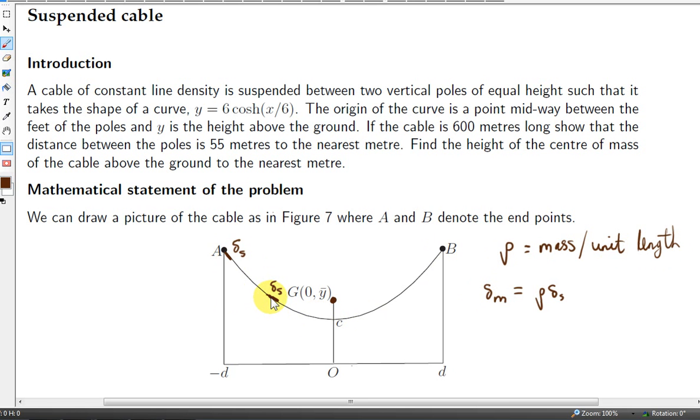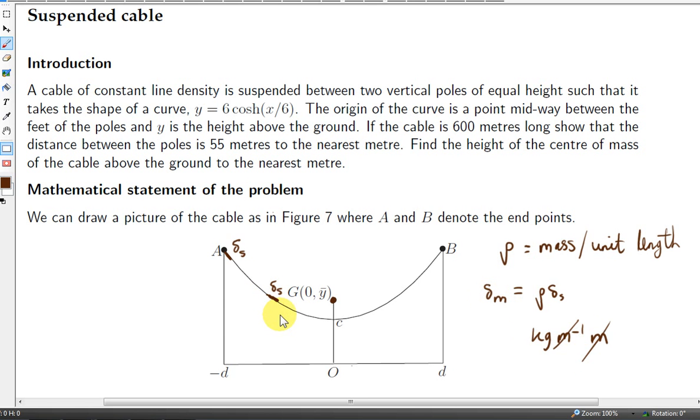So to get the mass of each element, which I will call delta m, we multiply the mass per unit length by the length of an element of the cable. So the length is delta s. So you see, if the units of rho are kilograms per meter and the units of delta s are meters, then you see these cancel out, so we get the correct unit of kilogram for the mass of each element.